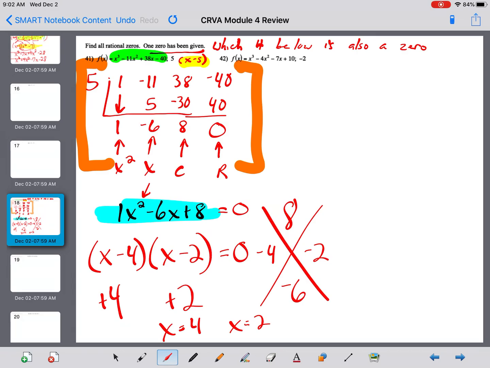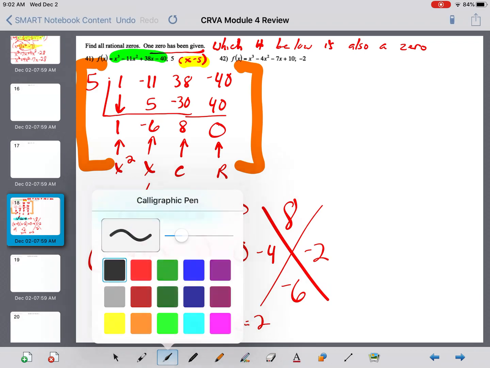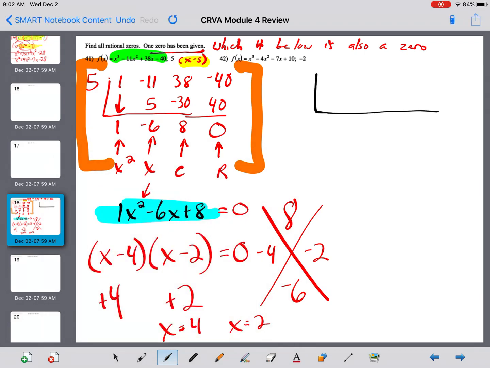Bada bing, bada boom. Let's try, I could probably squeeze in negative 2. Let's go for that. So from here, starting over again on negative 2, this is our 0, so that's going to be our multiplier. Put your coefficients into synthetic division. There we are. Drop it down, multiply.